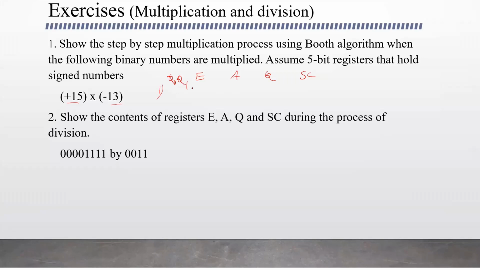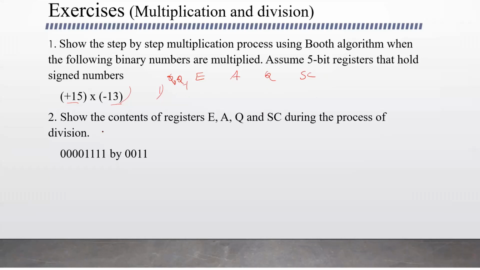Upon encountering 1, you subtract, and upon encountering 0, you add. So there is subtraction. You need to find the 2's complement of 13 for subtraction, meaning adding it to A. You check the earlier exercises. We did it already, and follow the same and show the step-by-step procedure.